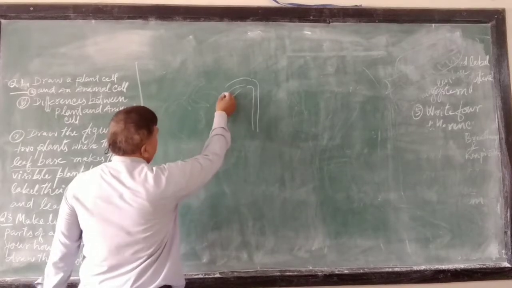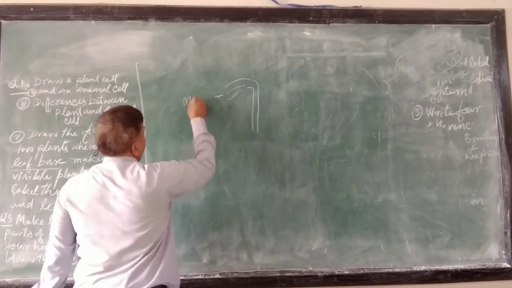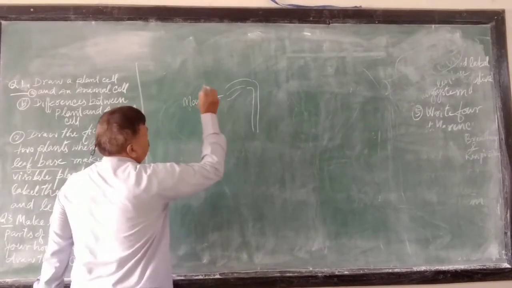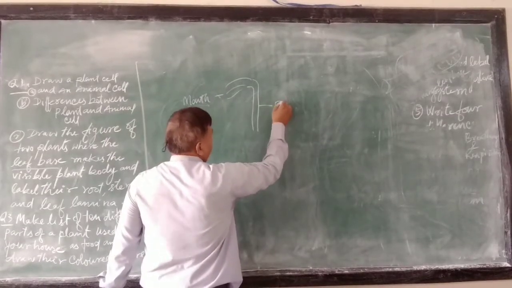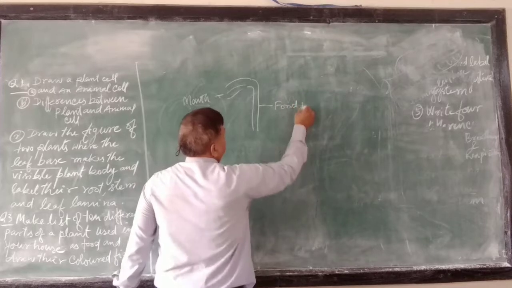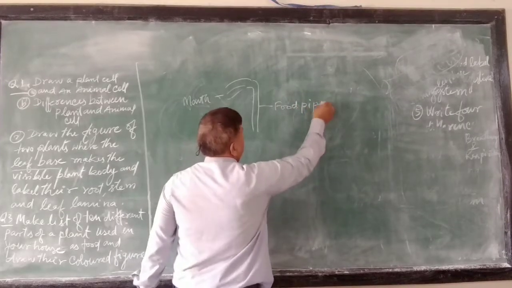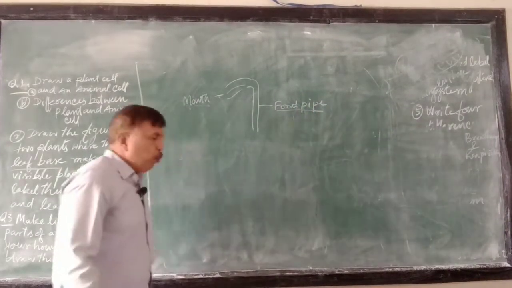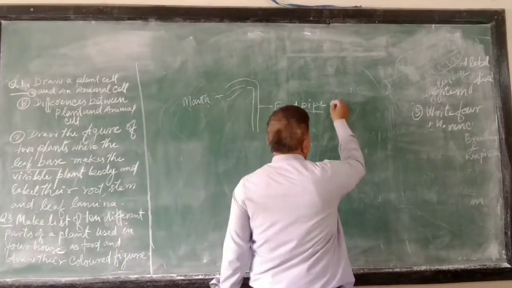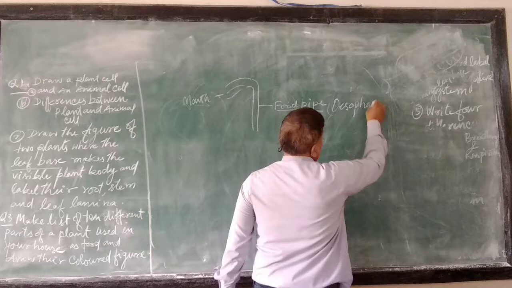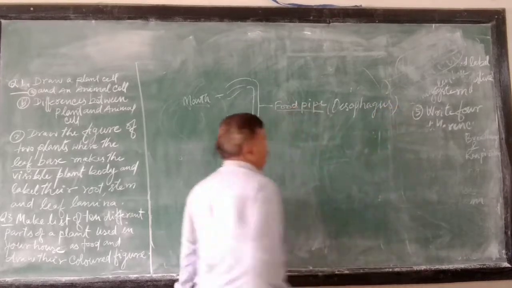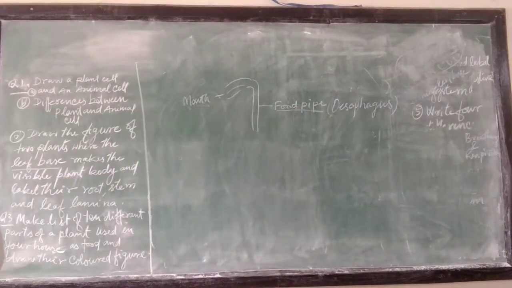In the digestive system, suppose this is the mouth, and this one is the food pipe, that is known as esophagus, clear?